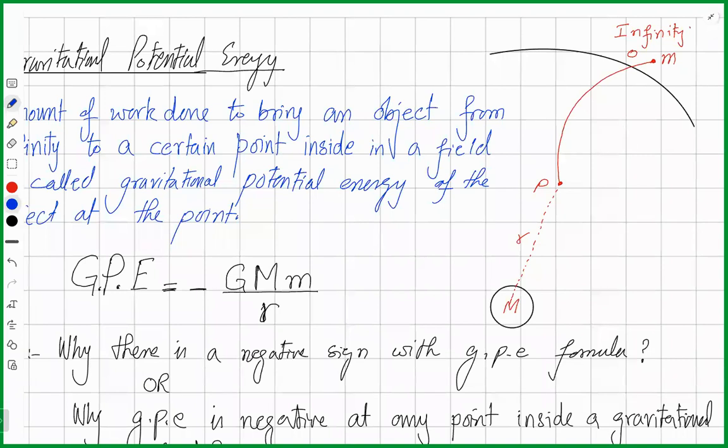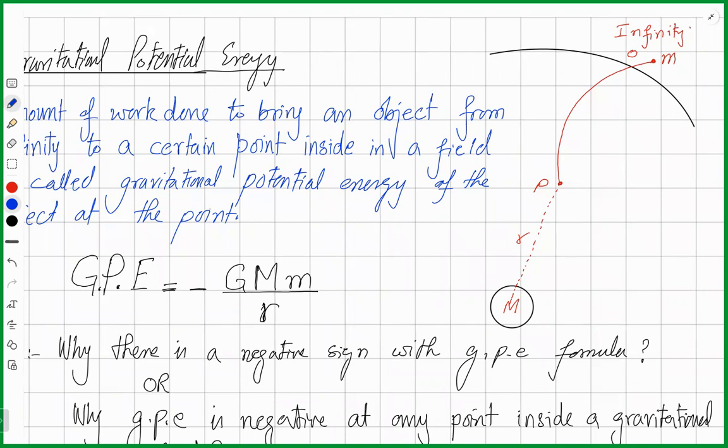Similarly, what is the natural force of gravity? The natural force of gravity is downwards. So if you do work against the downward force, like if you make an object go up, its potential energy should increase because you are working against the natural force.